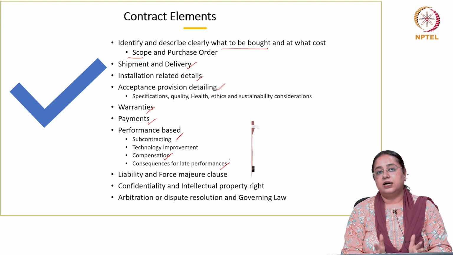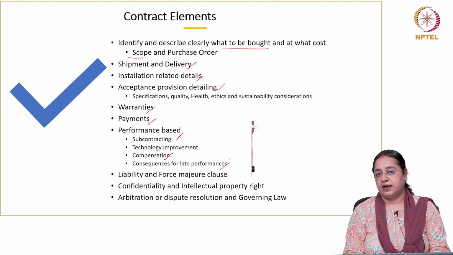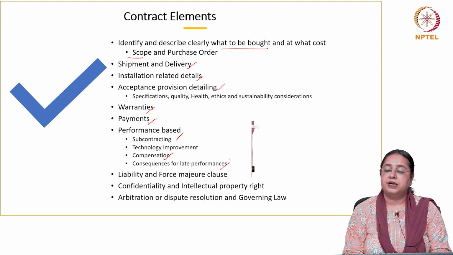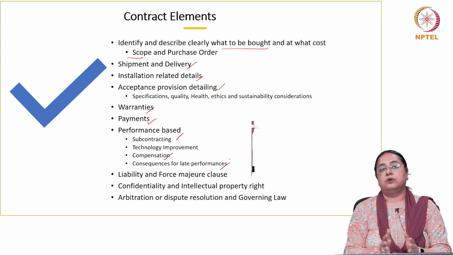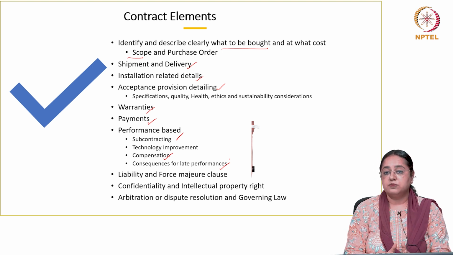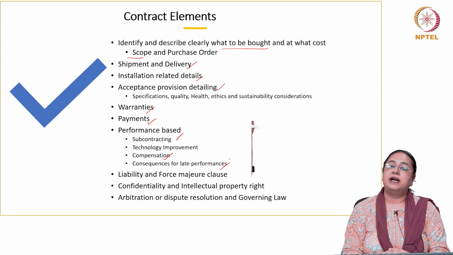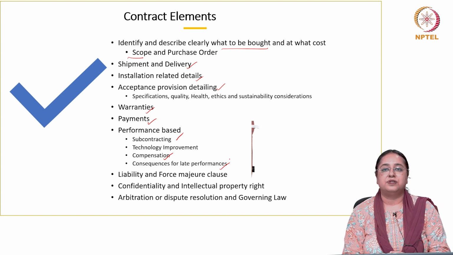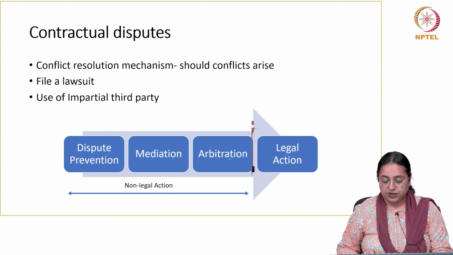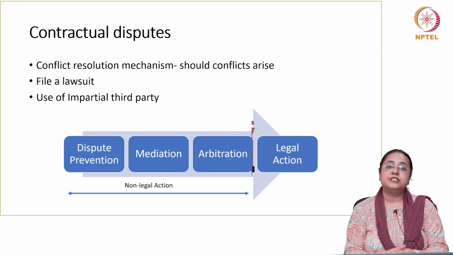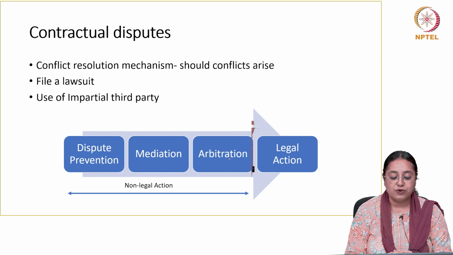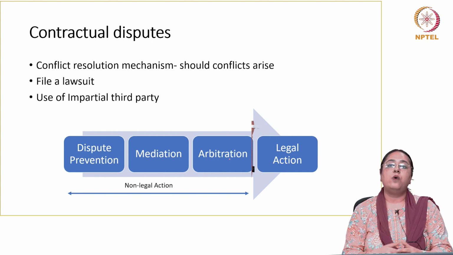So what are the other possibilities one can have? For example, arbitration. If that is a possibility, how two parties would exercise this arbitration has to be mentioned in the contract. Generally, how can one resolve contractual disputes?